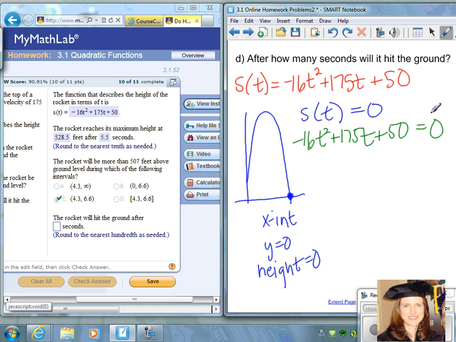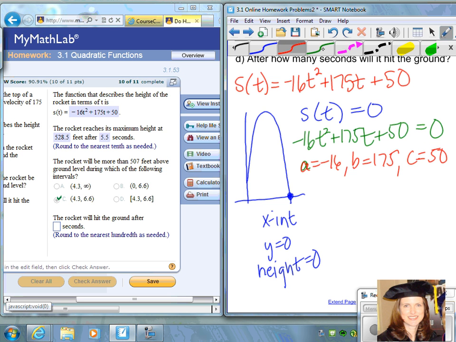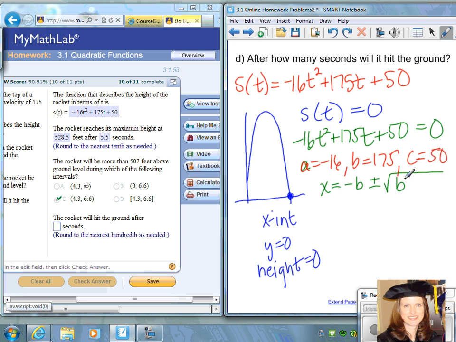Now this is something you can use the quadratic formula to find. With the quadratic formula, A is equal to negative 16, B is equal to 175, and C is equal to 50. Remember the quadratic formula is x equals negative b, the opposite of b, plus or minus the square root of b squared minus 4ac, all divided by 2a.